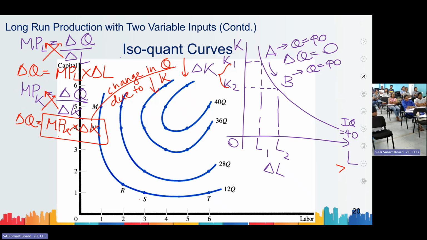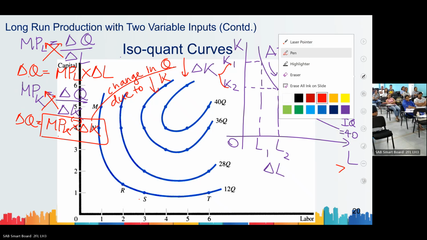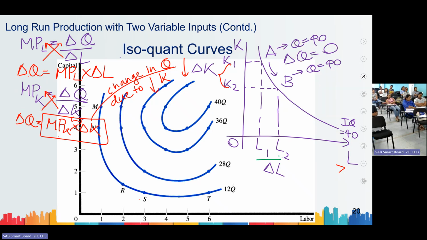We can measure it by multiplying MPK by delta K. Delta K is negative. Here you observe labor input is increased. As a result of this increase in labor, what is the change in output? We can measure it using this formula.